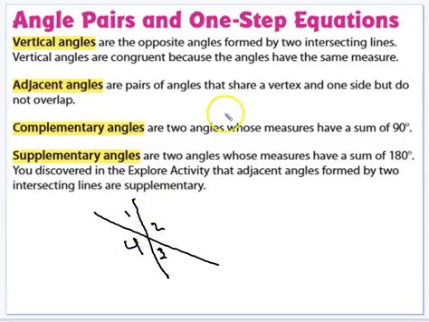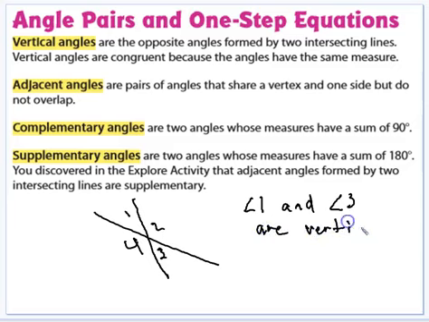So class, angle 1 and angle 3 are vertical. They are vertical angles because they're across from each other and they are congruent angles.